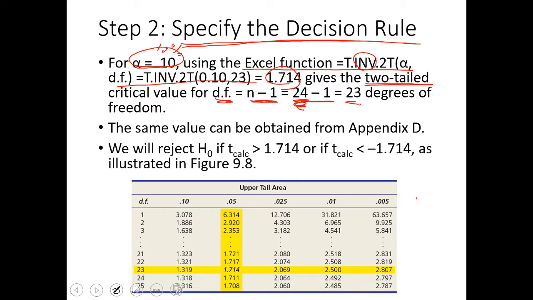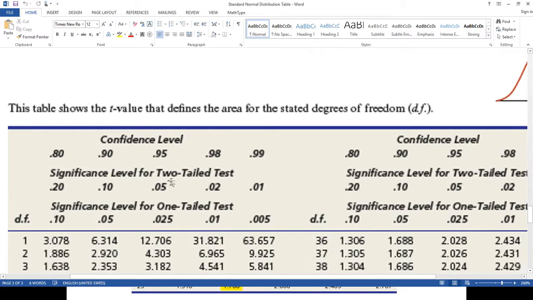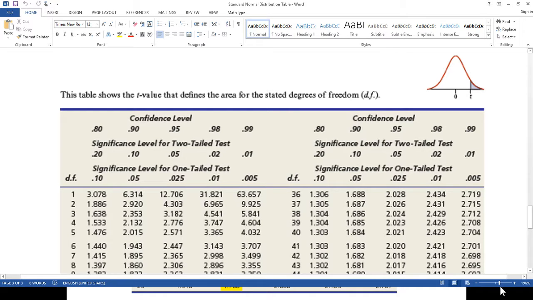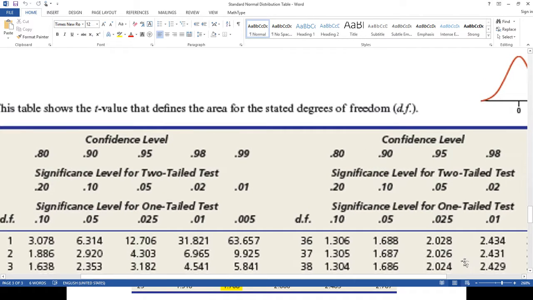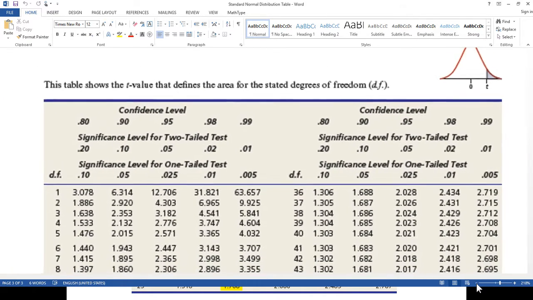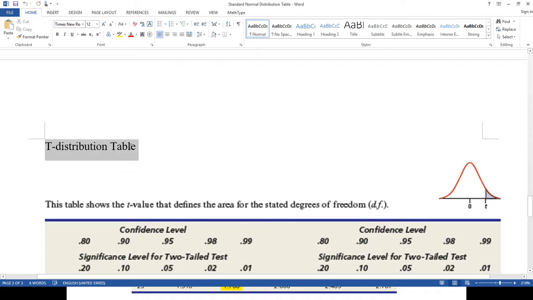Okay. Or if you do not have Excel, then you can use Appendix D. So please find Appendix D at the end of your textbook. In this appendix D, you have this table, the T distribution table.